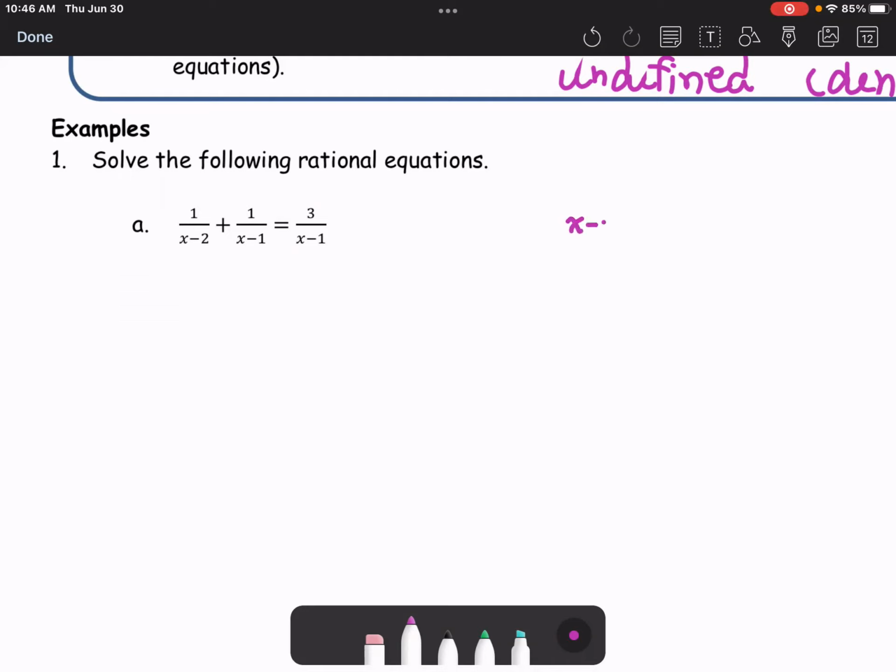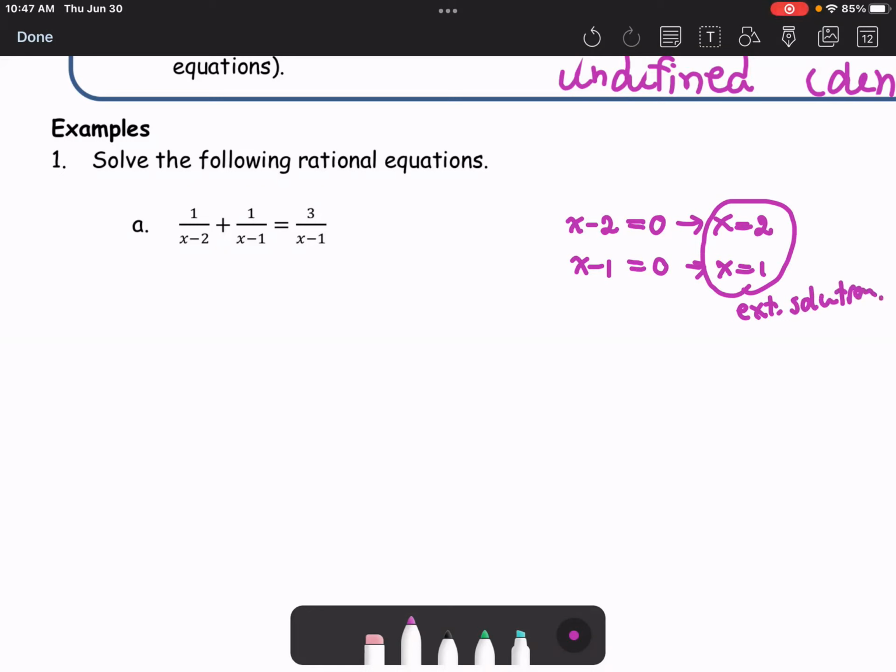When x minus 2 is 0, that means x equals 2. For the second rational term, if x minus 1 equals 0, then x is 1. So these two numbers are extraneous solutions.